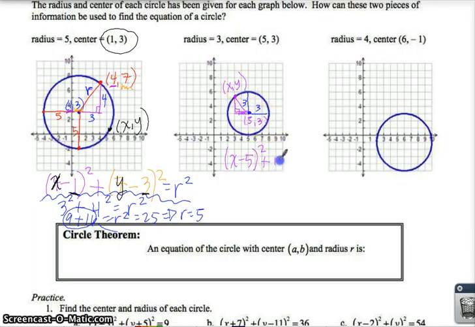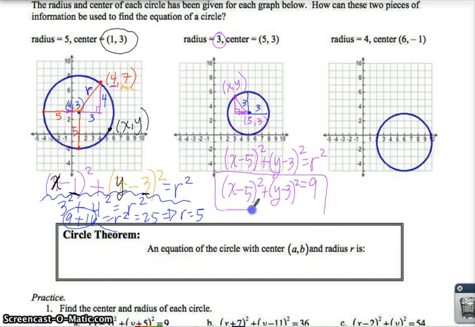I'm going to do (y minus 3) quantity squared, and that's going to give me r squared. Well, what is r? We're saying it's 3, so 3 squared is 9. So right here, this is an equation of this circle. We replace the 5 for the x-coordinate, the 3 is replaced as the y-coordinate, and then the radius over here. And this is just the Pythagorean theorem, remember, or the distance formula.